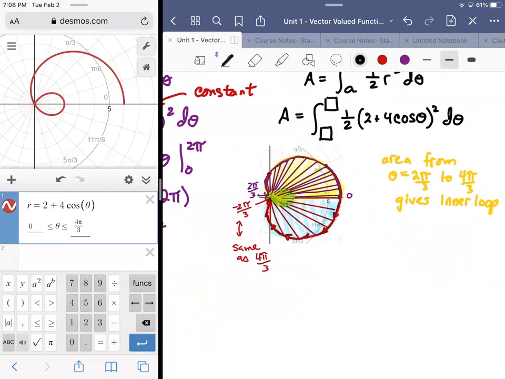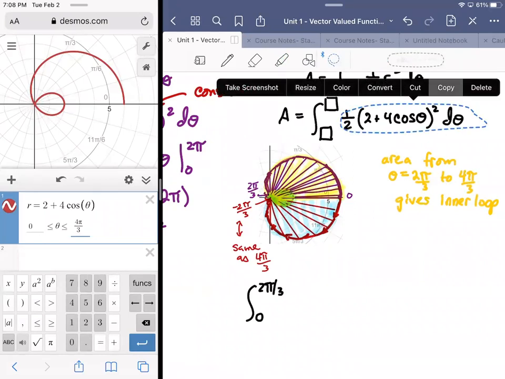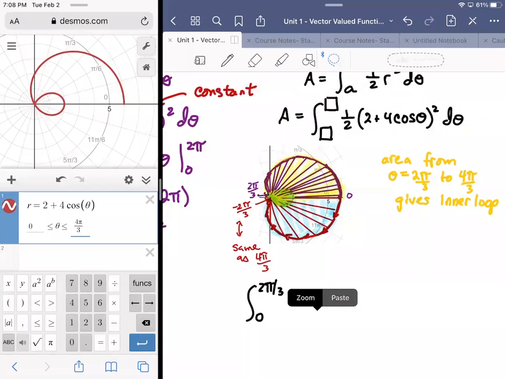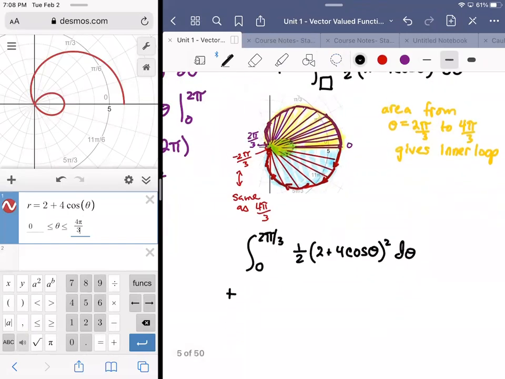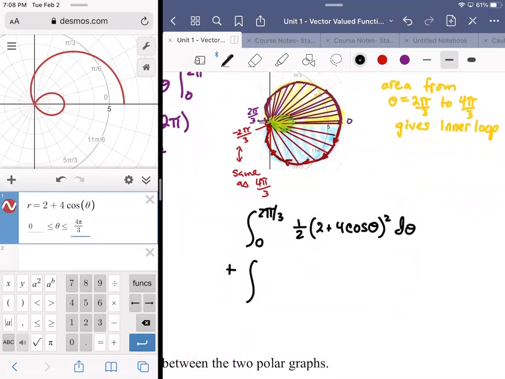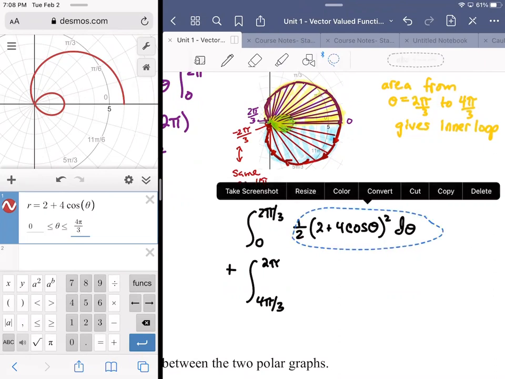So what we need to do is go from 0 to 2 pi over 3 of all this stuff, and then add to that whatever we would get by going from 4 pi over 3 to 2 pi, skipping over the 2 pi over 3 to 4 pi over 3.